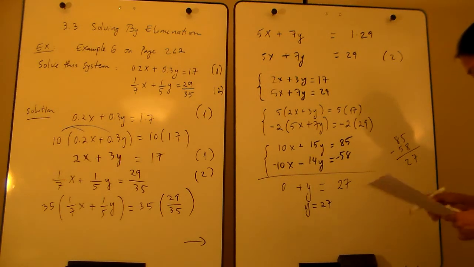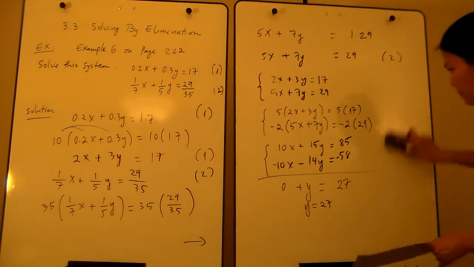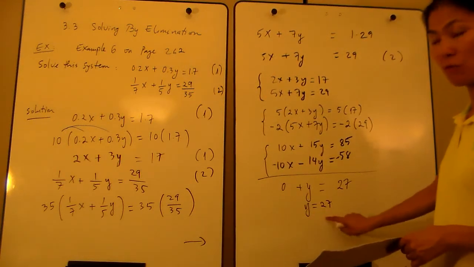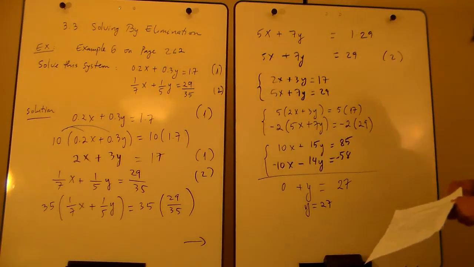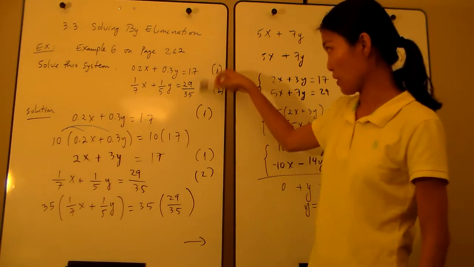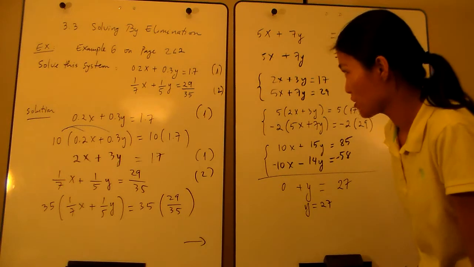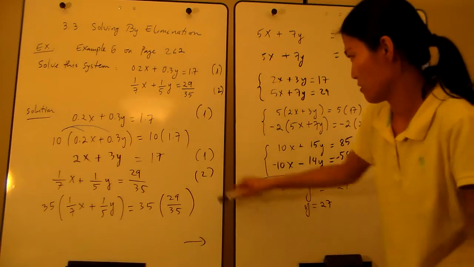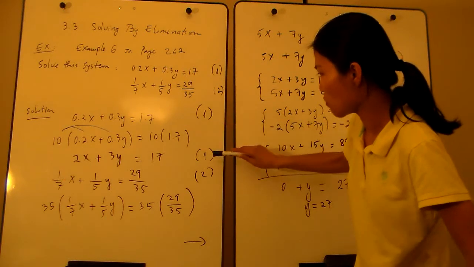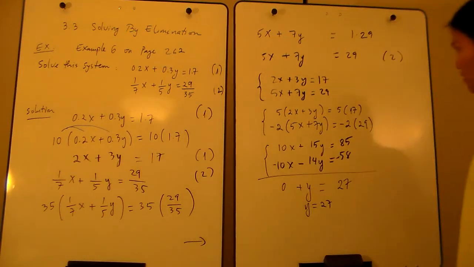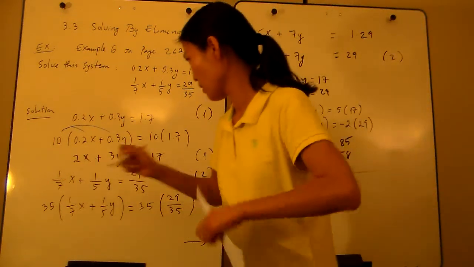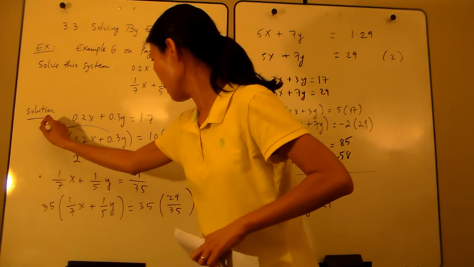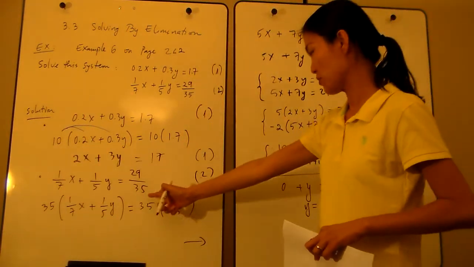Alright. Now we need to find x. How do you find x? Remember, when you get one variable, you substitute it into the original equations. Now, since the original equations involved decimals and fractions, I may not use them, because look at this: after you simplify equation 1, this is what you get without decimals. And after you simplify the second equation, this is what you got.